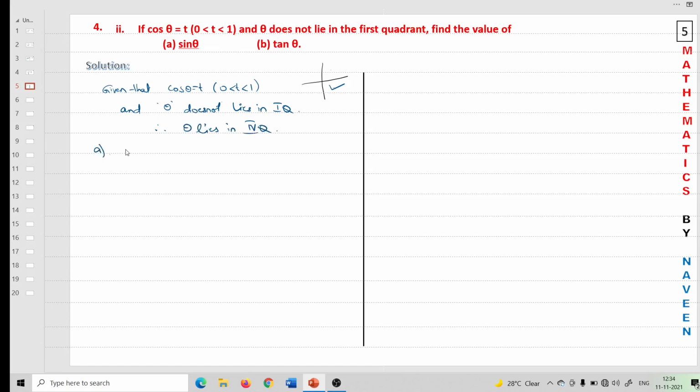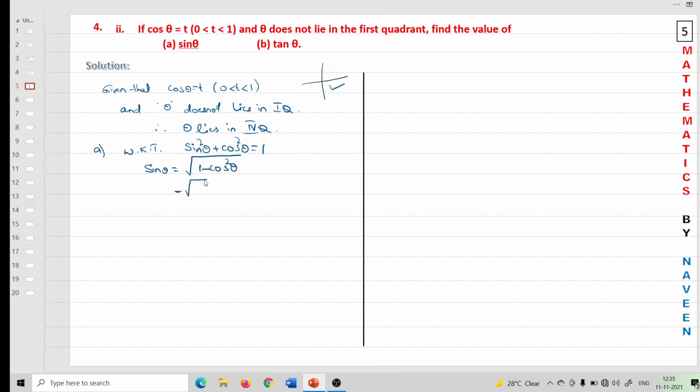Now, first one, sin theta. To find sin theta, we have an identity including sin and cos. We know that sin square theta plus cos square theta is equal to 1. So from this we have to find sin theta value. Sin theta can be written as square root of 1 minus cos square theta. Substitute all the values here.